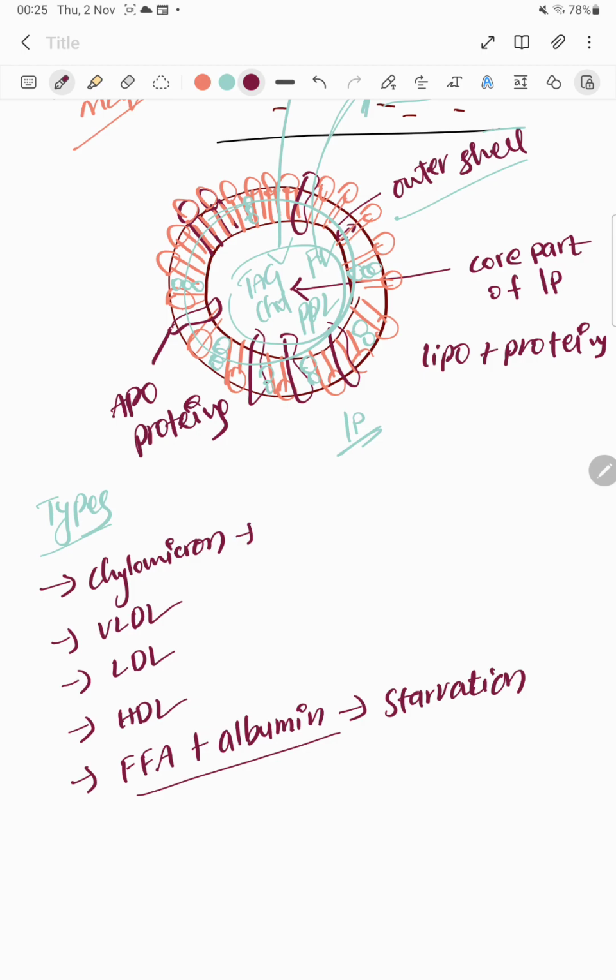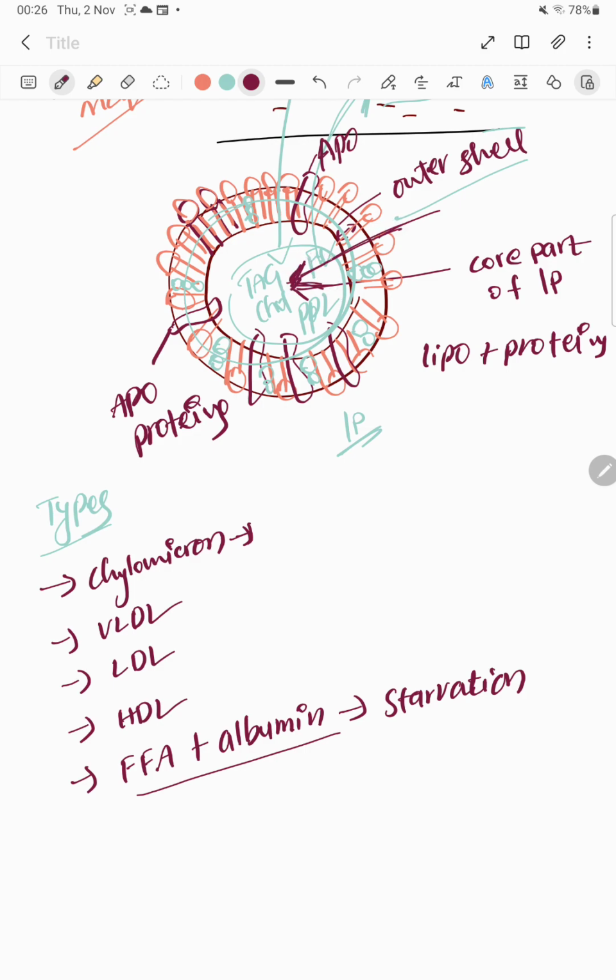So we have some types of lipoproteins here, no? This is a typical structure of lipoprotein, but depends upon the composition of lipid content inside the lipoprotein.